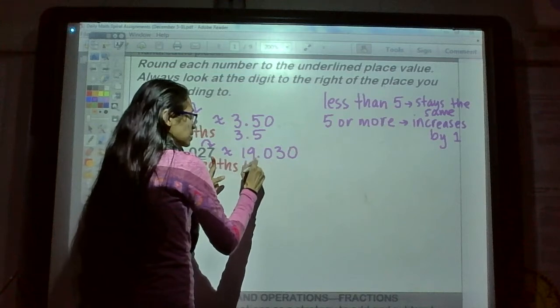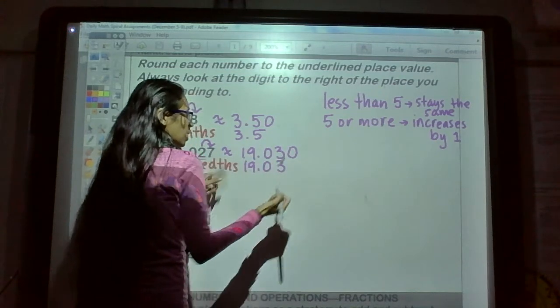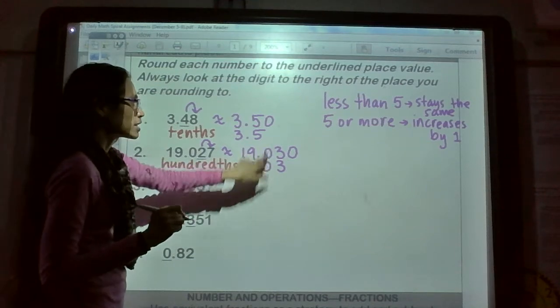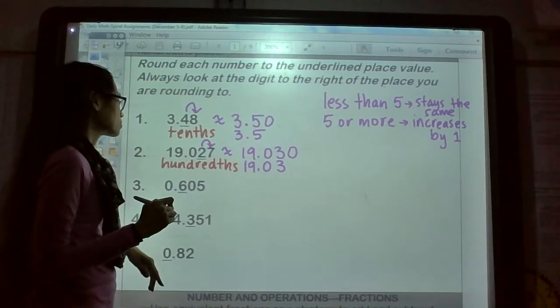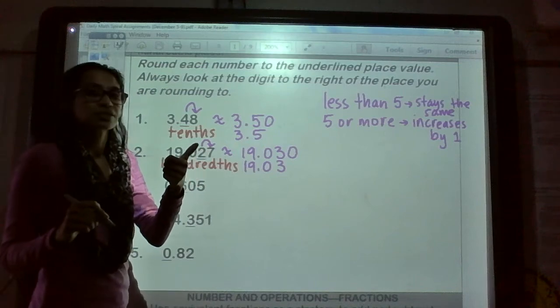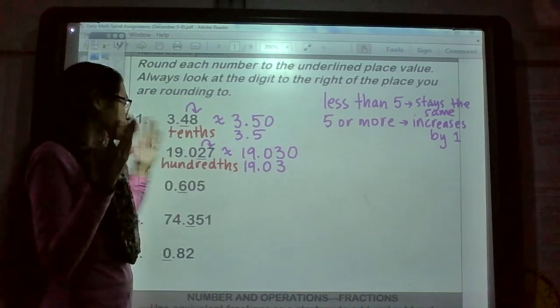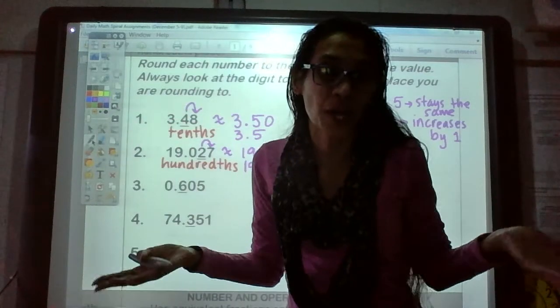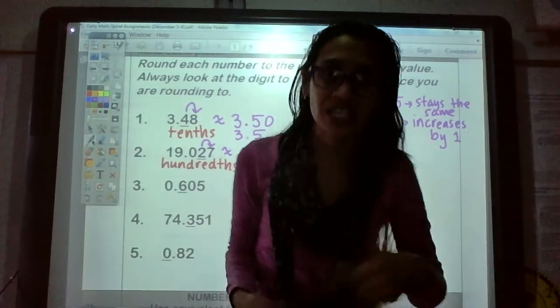Or you can write 19 and 300 thousandths, just like that. Now, you need that 0. That's a placeholder right there. All right, thumbs up if you're good at these. Now, if you don't need my help with the rest of them, do them on your own, or if you do need my help, or if you just want to watch the video anyway, keep on watching.